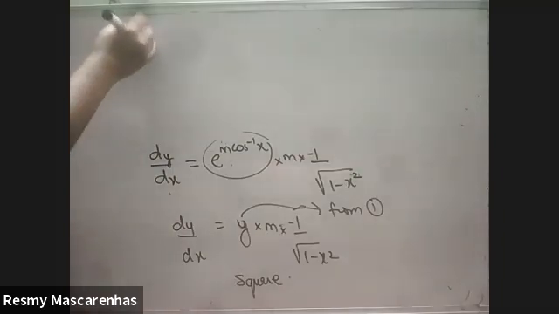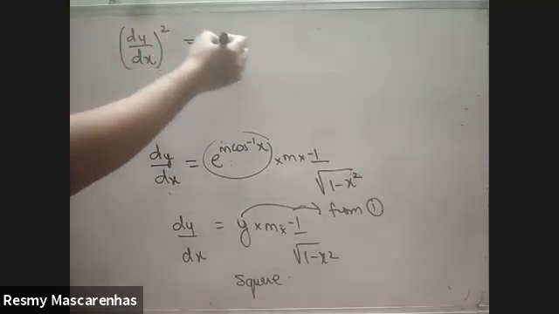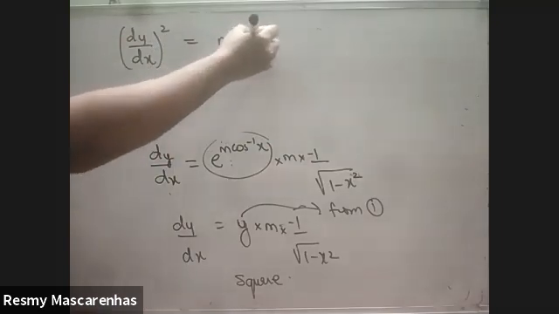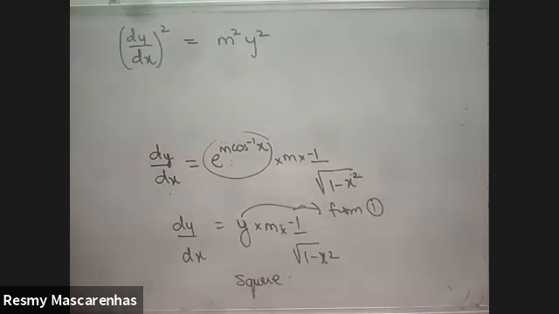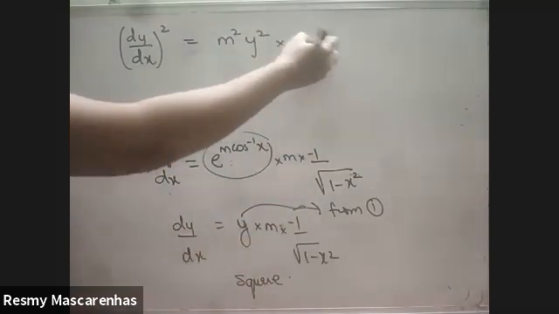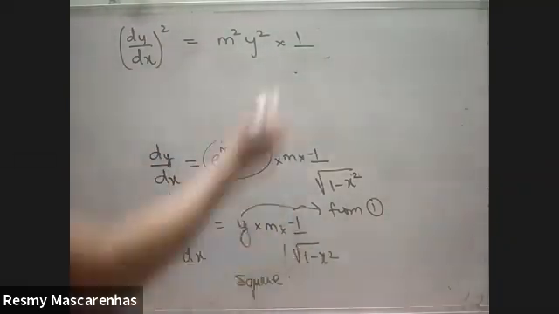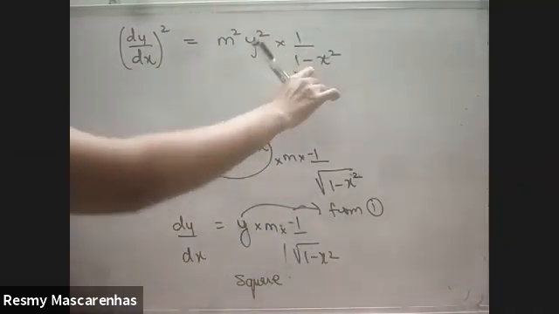When you square, you will get dy upon dx, the whole square, equals m square y square. Anyways, minus 1 upon that, the square will make it plus 1. So it will become just 1 minus x square. Now take this side.